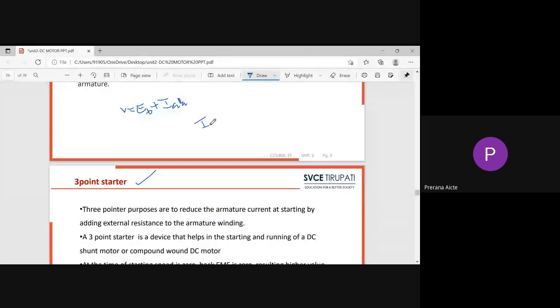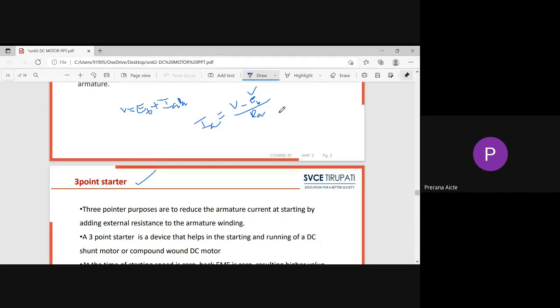So if the motor is at rest position, this EB value is 0.